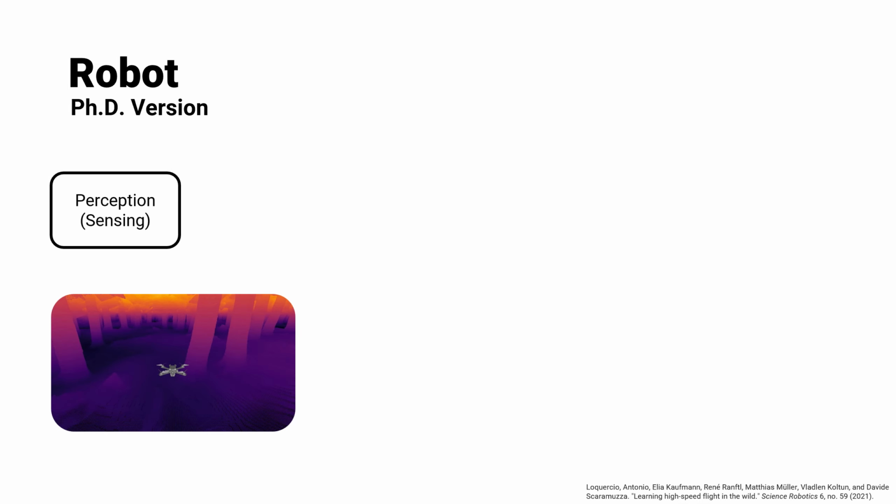So the PhD version, which I jokingly call the PhD version, is basically how you would actually write a research paper or talk to a person who is an expert in the robotics domain. So the sensing modality we talked about before is going to be replaced by something called perception. In this little image, you see that there is an aerial robot.